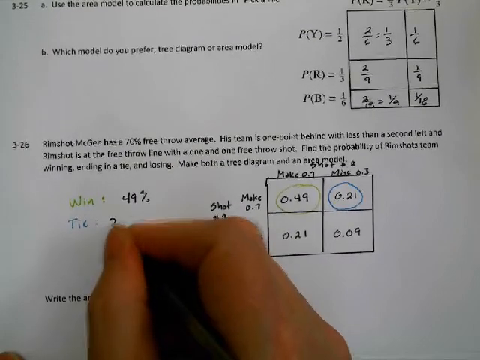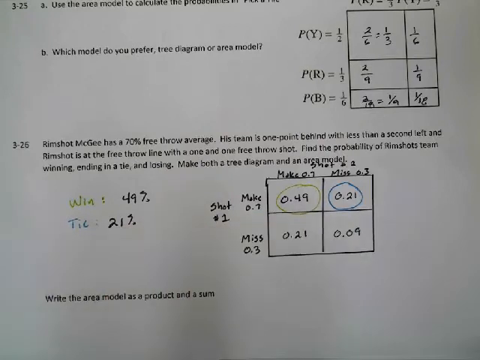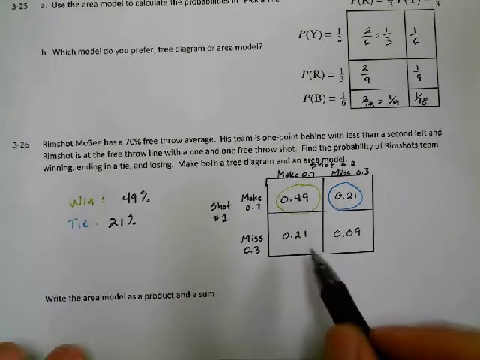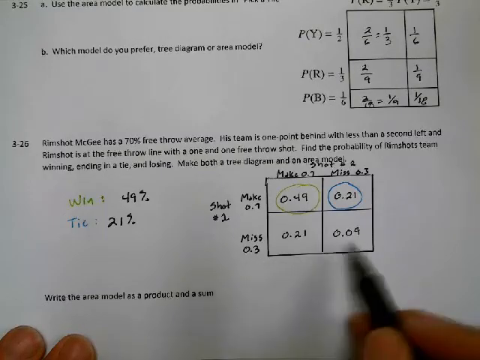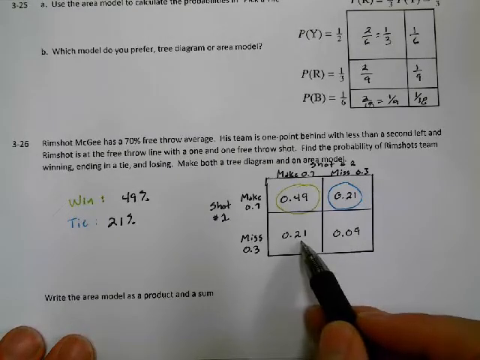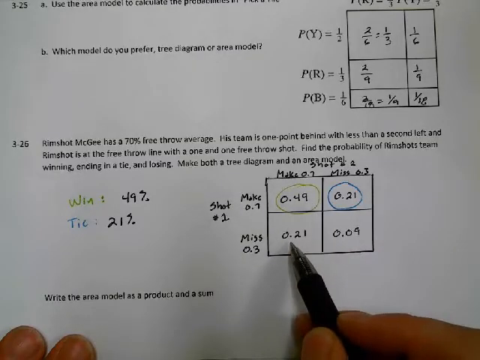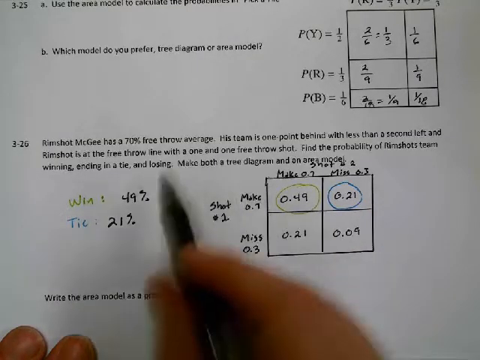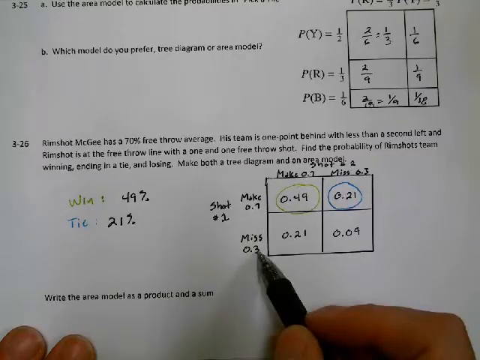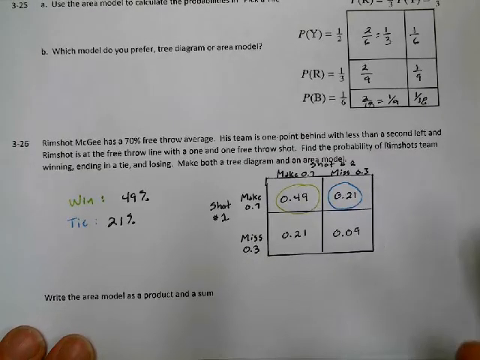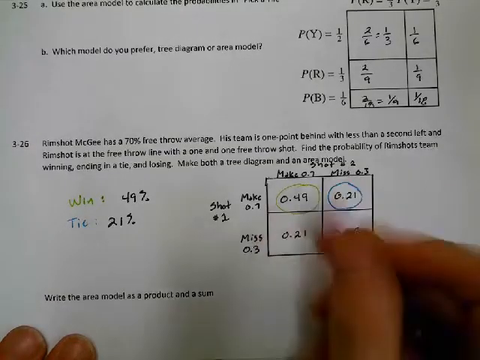Because this is a 1-and-1 situation, we have to kind of think through this problem because you might be looking at it and go, what if he misses and then makes it on the second one? Well, if he misses the first one, they're never going to let him make the second one. So in a 1-and-1, if you miss the first one, you're just out. You don't get anything. So the losing situation is these two added together, both of the miss ones.